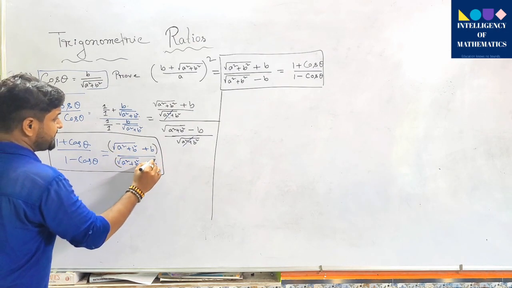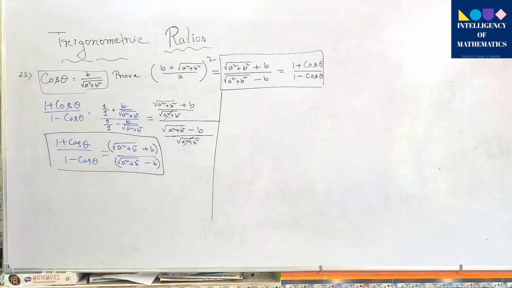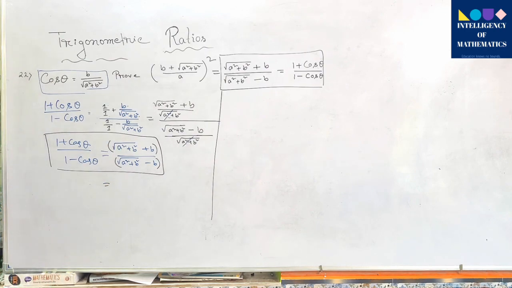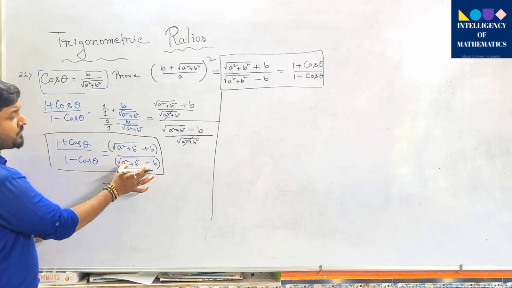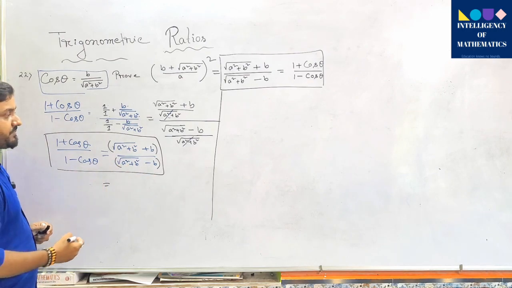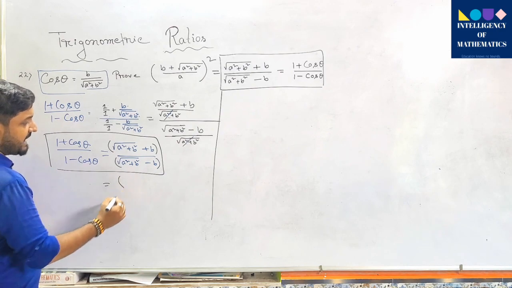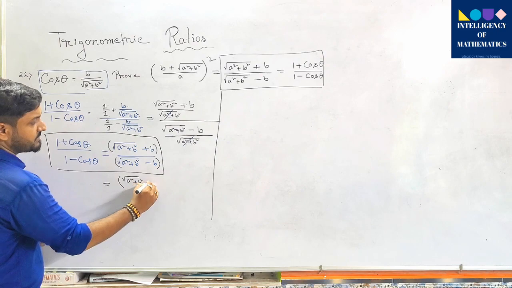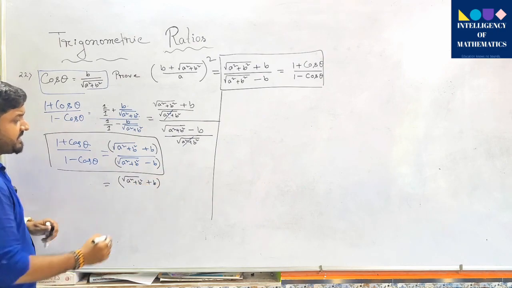Now a new step, whose name is rationalization, that we are going to do. What is the meaning of rationalization? This root quantity will not be there in the denominator; that has to be removed. What is the process of that? At first, whatever we got, we'll write that.